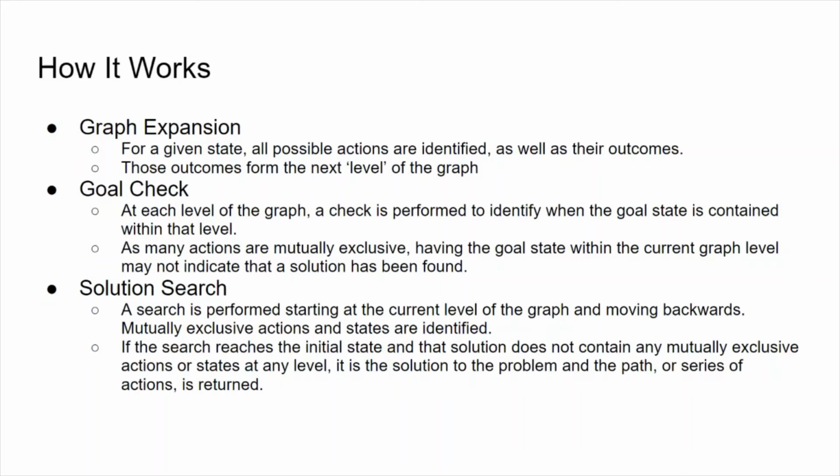And then a solution is found when you have traced a path from the last level of the graph down to the initial level of the graph. And if all of the actions that you have taken along that path are not mutually exclusive, then you have found a solution.